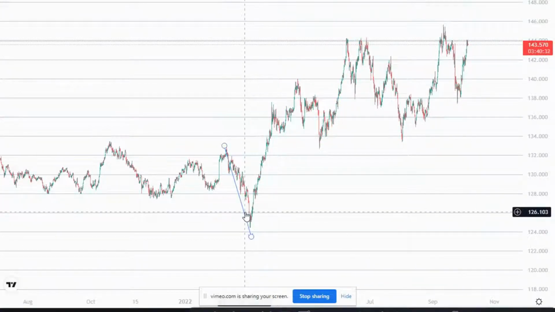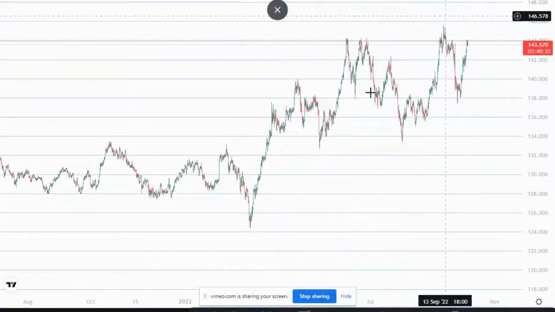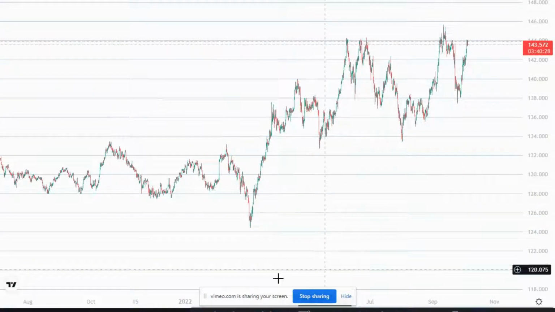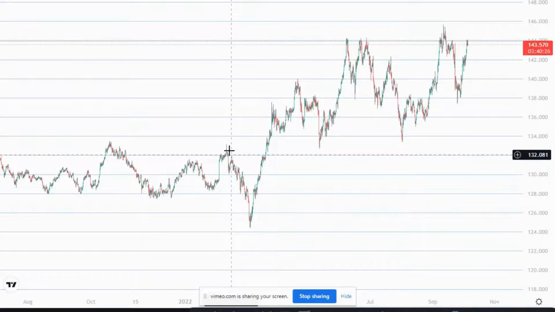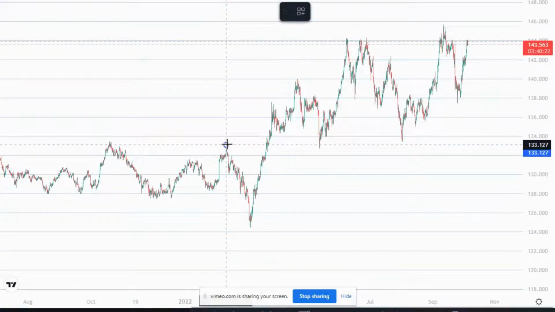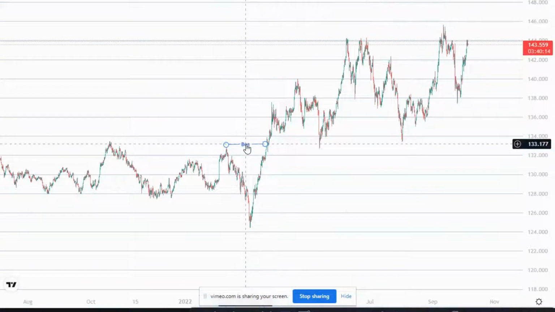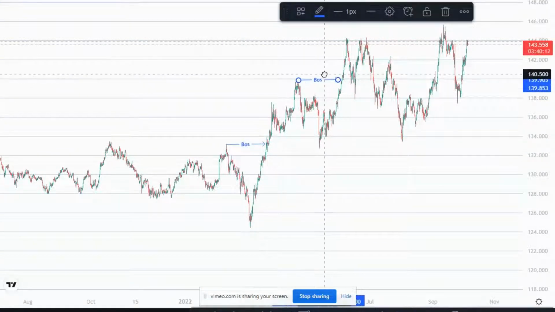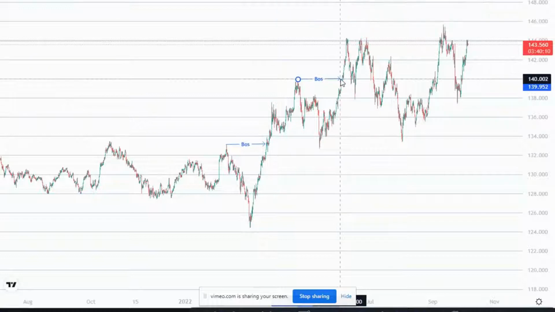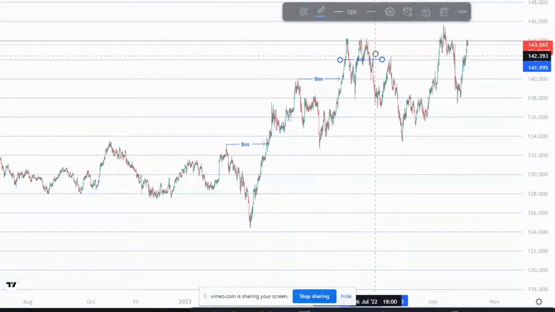Right now let's see our entry and our exit, and see how it goes. Now we had a high here, a high at this point. There's a break of structure to the upside. We had a higher high at this point right here.